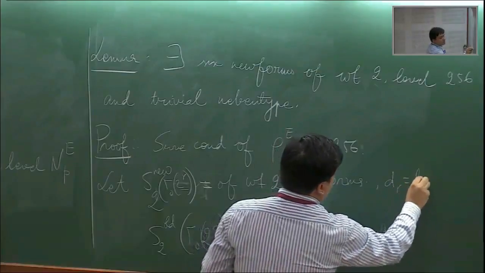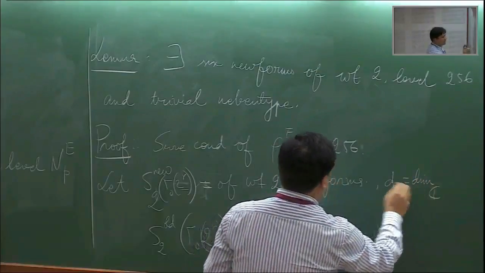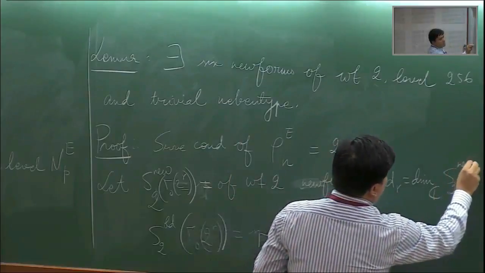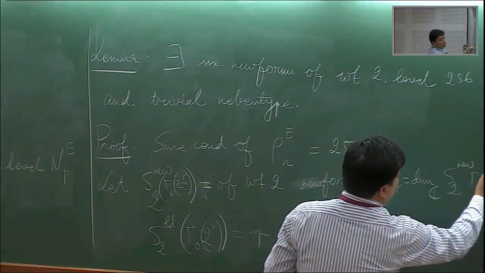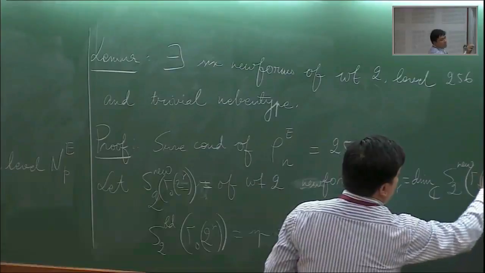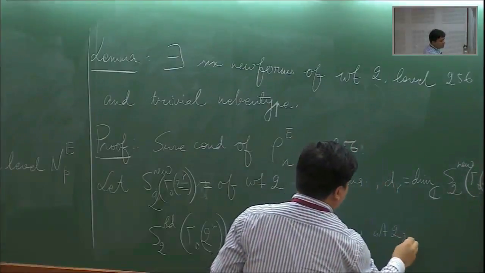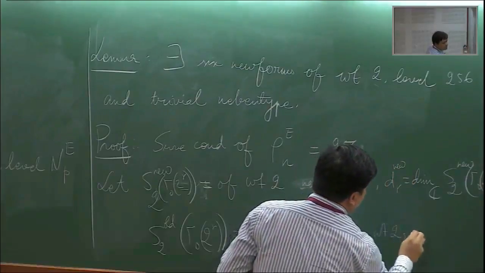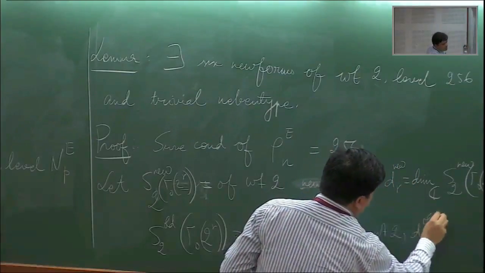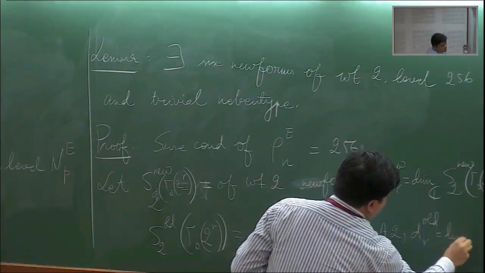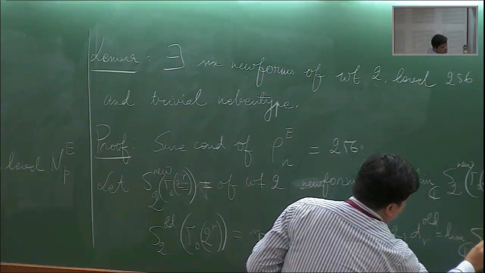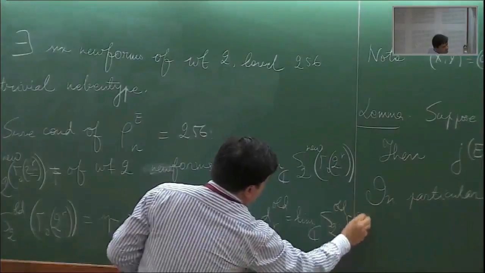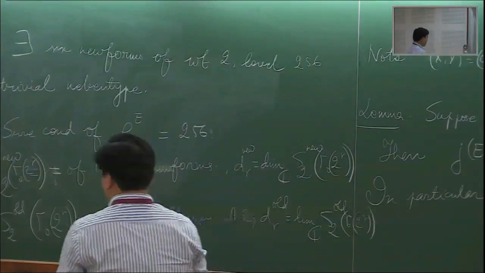And let's write d_r for the dimension of this space, Gamma_0, right? And d_r new, let's put d_r old.